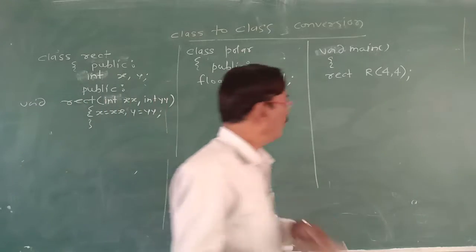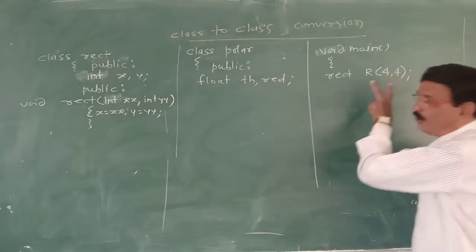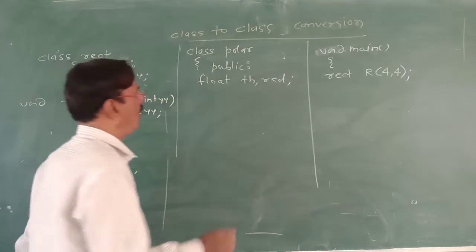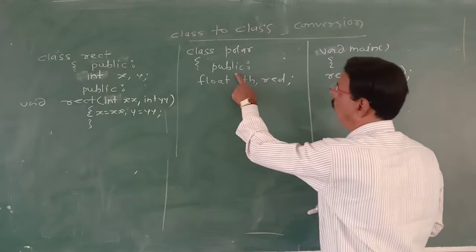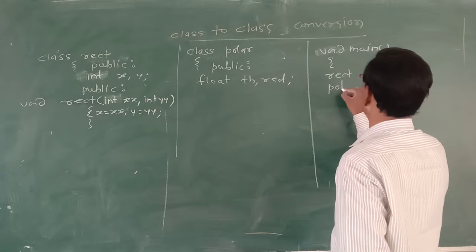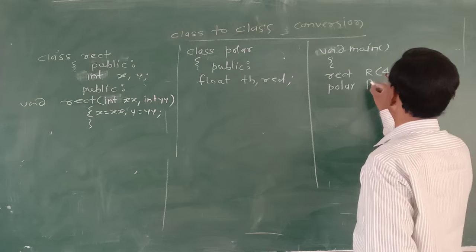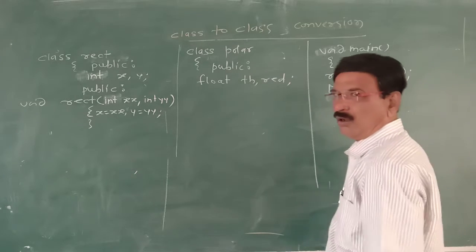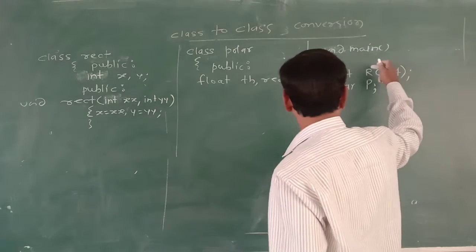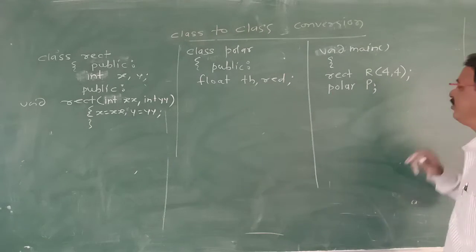What will happen now? 4 and 4, the actual parameters, formally become xx and yy. So this is initialized. And look here, there is theta and radius. So polar P. Object P is created. Object R is created, also initialized.